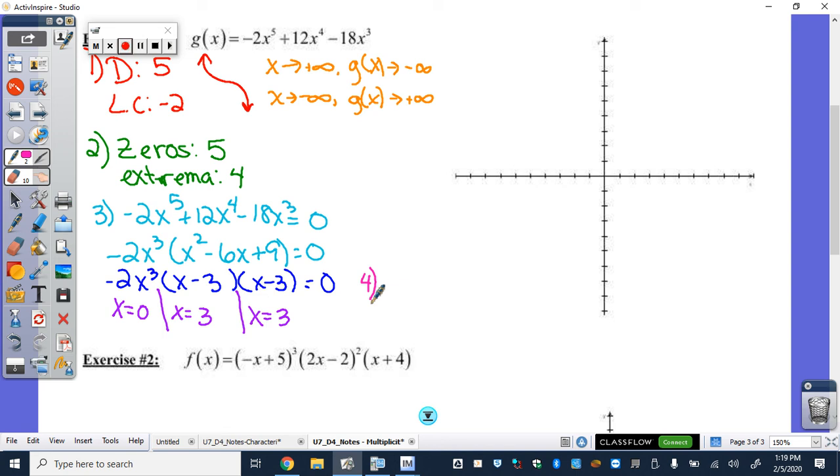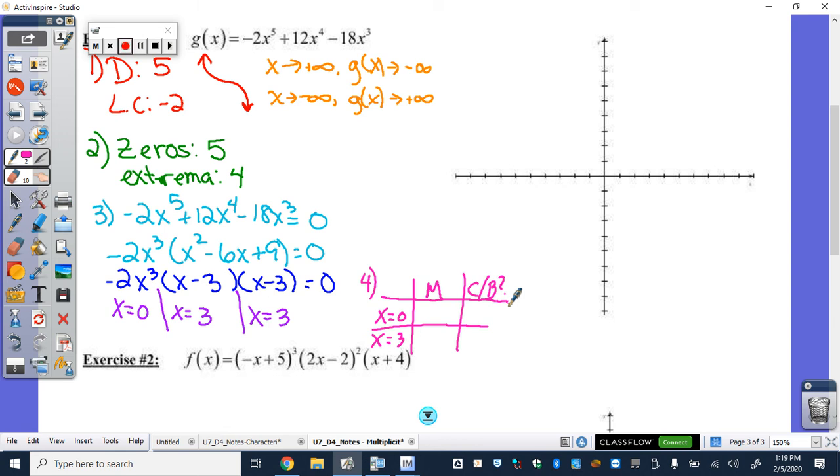So the fourth part says to determine the multiplicities, right? Yep, determine multiplicities for each factor. I recommend making like a little chart. Does not matter which way your little chart goes. So I write my factors, or my root values that I got. I only had 2 of them this time around.